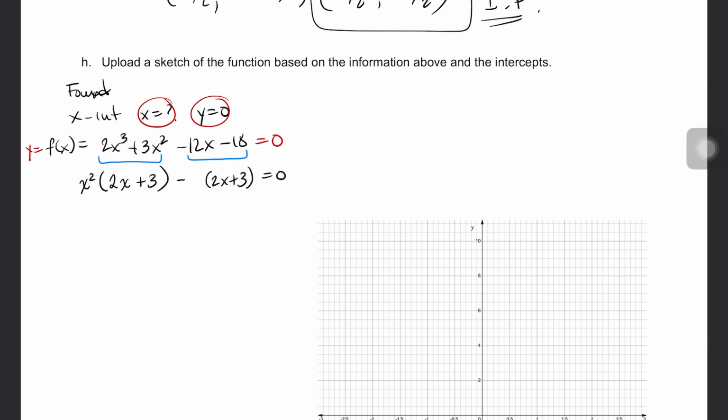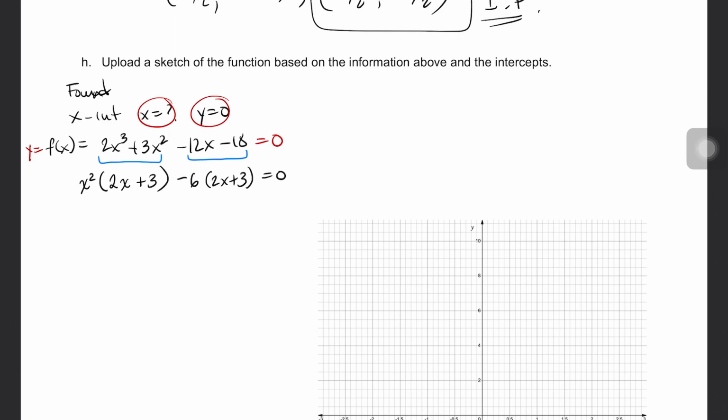So if factoring by grouping is going to work, you have to figure out what kind of number you need outside, so that when you multiply, it gives you negative 12x. Well, you have a 2 inside, so 2x times negative 6, or in other words minus 6, will give us minus 12x.